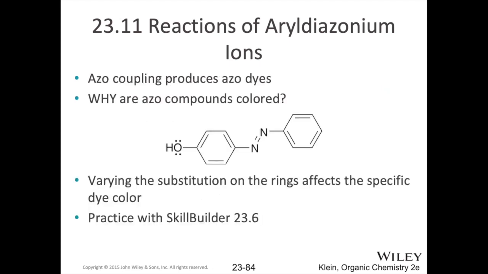All right. Now, if you remember from the chapter on conjugated pi systems, we talked about how large conjugated pi systems lead to colored compounds. And that's the case here. These products of these azo coupling reactions are what we call azo dyes.